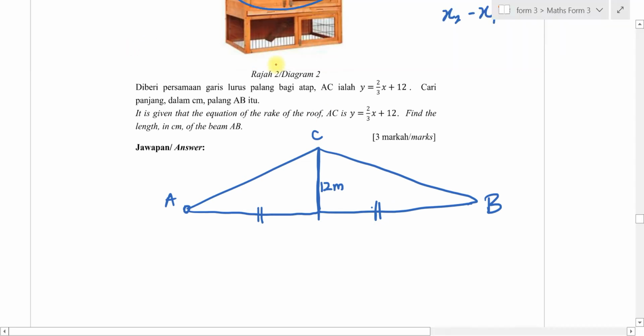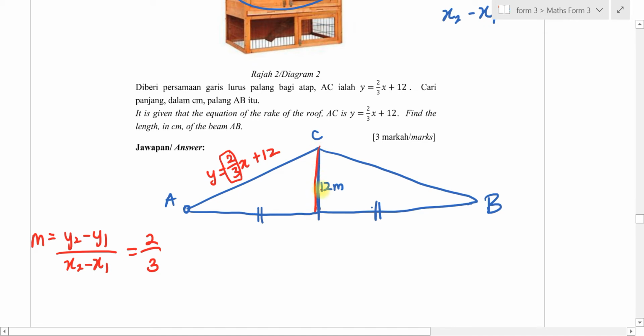Now it was given y equals 2 over 3x plus 12. So from here we know the gradient is 2 over 3, right? So the gradient is y2 minus y1 over x2 minus x1, which is equal to 2 over 3.